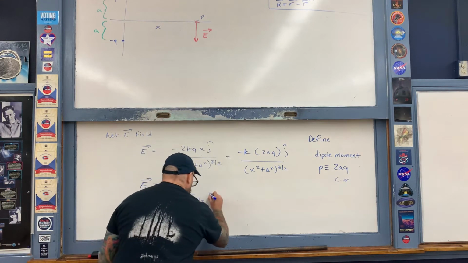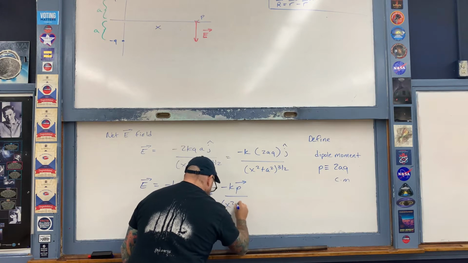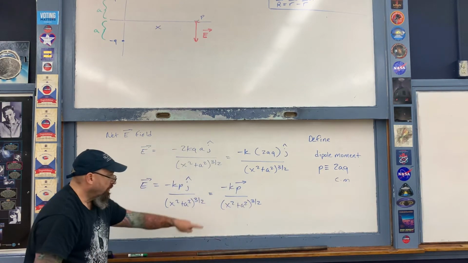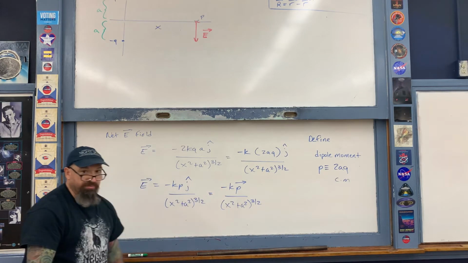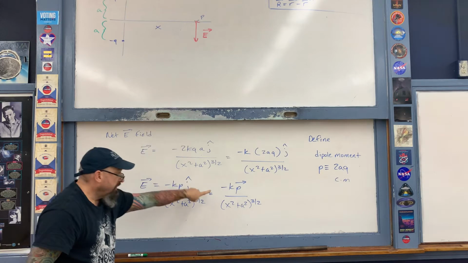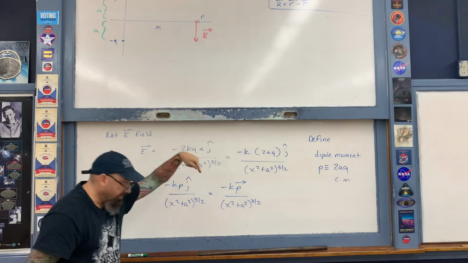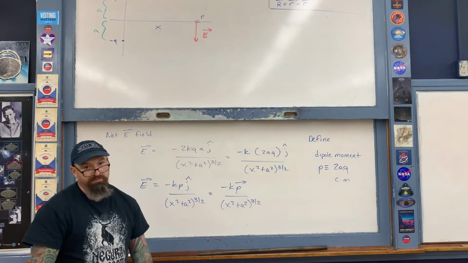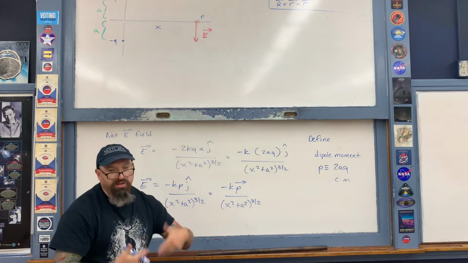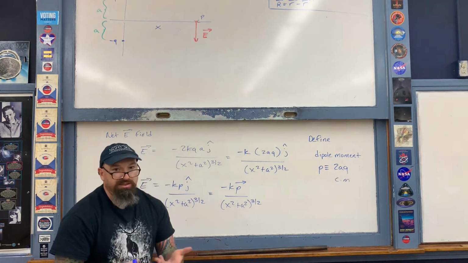Therefore, in vector form, we can write the numerator of the expression like so, where now the P vector, the dipole moment vector, well, that points upwards on the diagram above, but the negative sign from our calculation gives us the electric field vector in the negative y direction on the diagram above. Okay, now why do we bother going through the last couple of minutes here of this lecture to define this new quantity called the dipole moment?